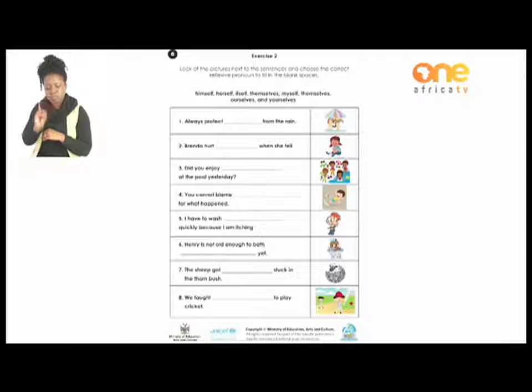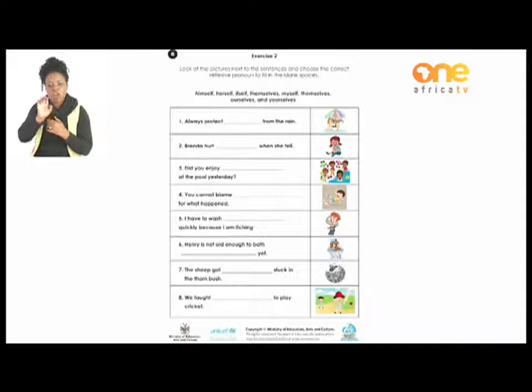Now remember, I said reflexive pronouns usually end with self and selves. You are going to look at the pictures and determine which reflexive pronoun will fit in the blank space. I'll do one example for you. Always protect yourselves from the rain. Always protect yourself from the rain.